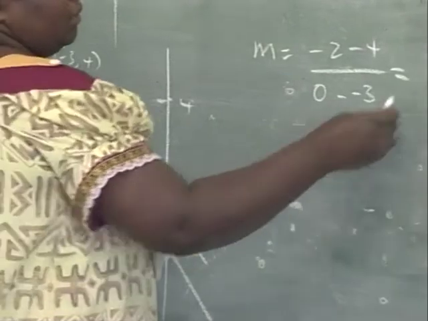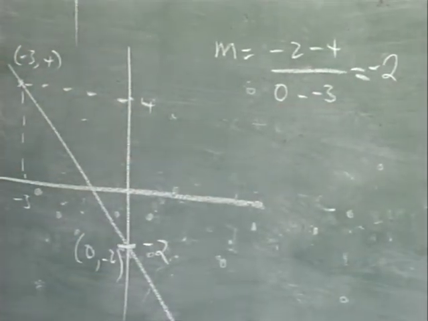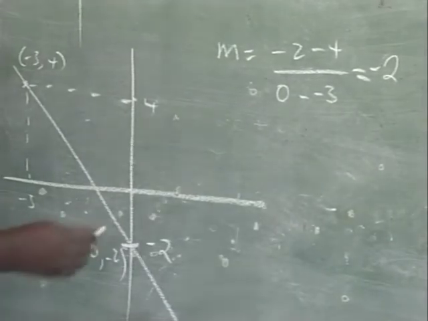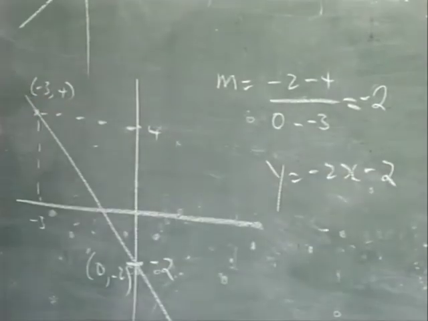It's negative 6 on 3, which is negative 2. Am I right? So the equation for this is y equals minus 2x minus 2. That's for letter I.